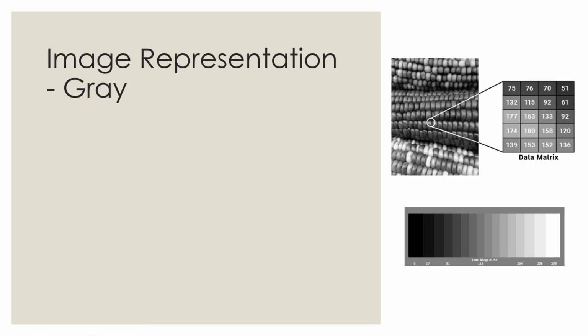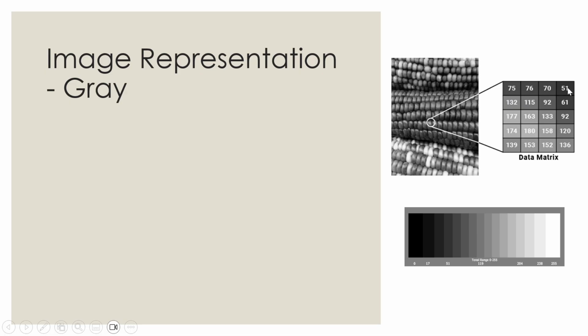Next we'll see the image representation in grayscale. Whenever we take an image, say this cone image, a small portion of this image is represented as a matrix. This matrix is the spatial location.